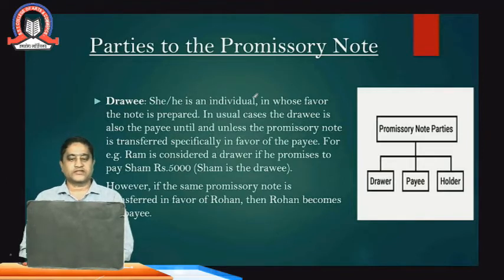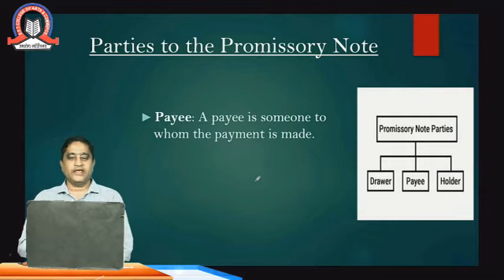In usual cases, the drawee is also the payee unless the promissory note is transferred specifically in favor of another payee. For example, Ram is considered a drawer if he promises to pay Sham rupees 5,000. Sham would be the drawee. However, if the same promissory note is transferred in favor of Rohan, then Rohan becomes the payee. Payee is a person to whom the payment is to be made.